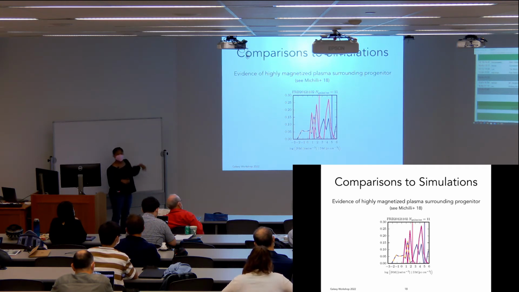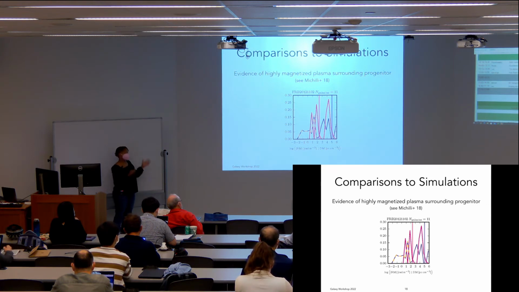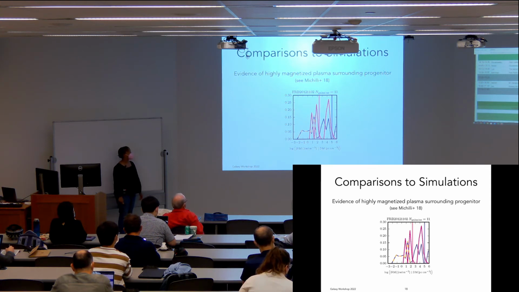And I think that's interesting for this case in particular, because this shows evidence of this really highly magnetized environment that the FRB progenitor is within. So even when our predictions don't quite match up between the simulations and our observed measures, that can still tell us something about the local environment that the FRB progenitors are within.